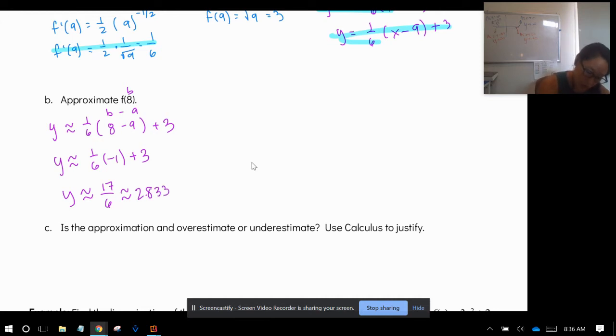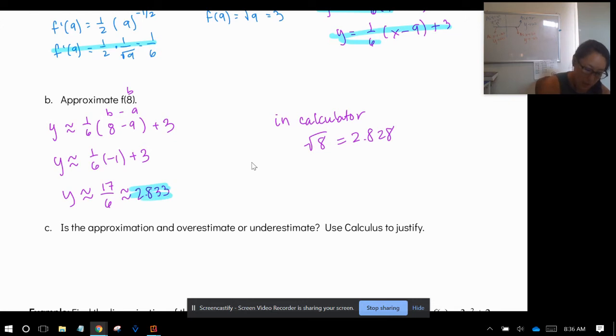Okay, so just to compare our estimate to the actual value, in my calculator, I went ahead and took the square root of 8, and that gave me a value of 2.828. That's pretty close to what we got, all right?